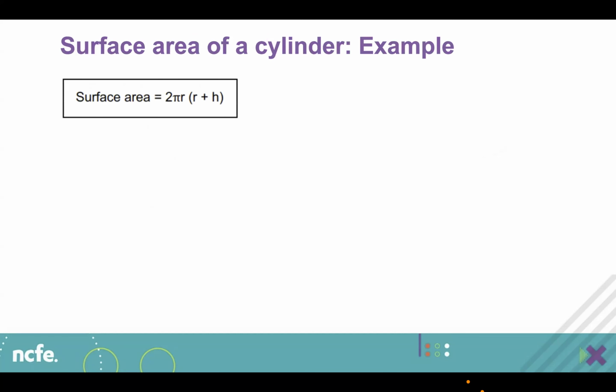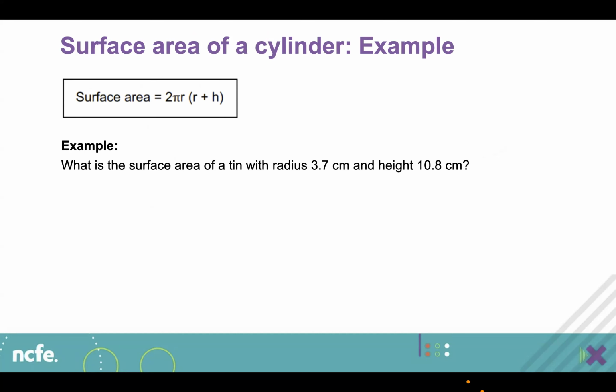So what is the surface area of a tin with a radius of 3.7 and a height of 10.8?